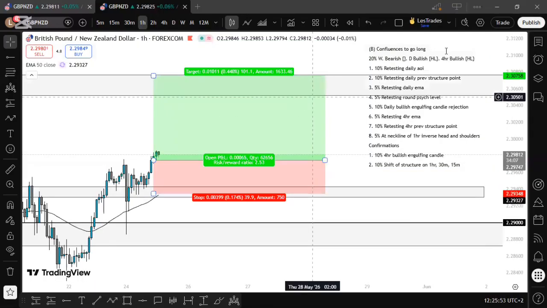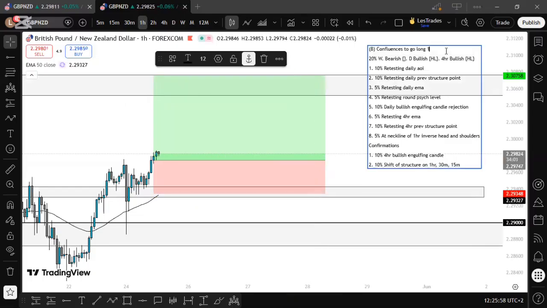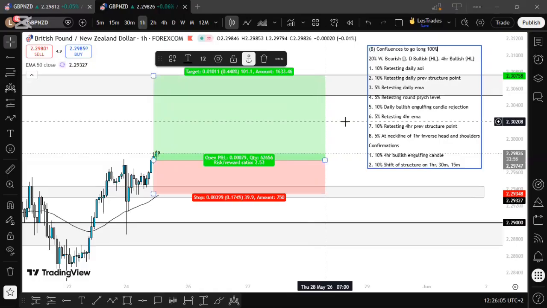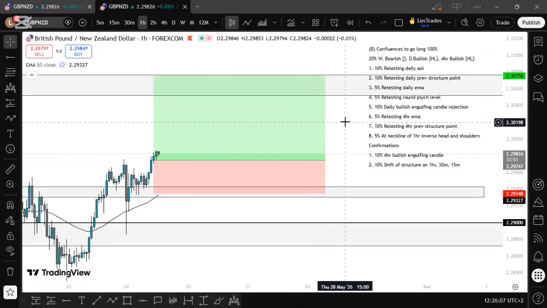It adds up to 100% confluence, but it's not 100% that the trade will go in our direction. This is just confluence. You understand me, guys? It can go up to 120. This is just to show you that we've reached it. I usually look for a B setup, I usually look for like an 80%, but I'm at 100% for a B setup.